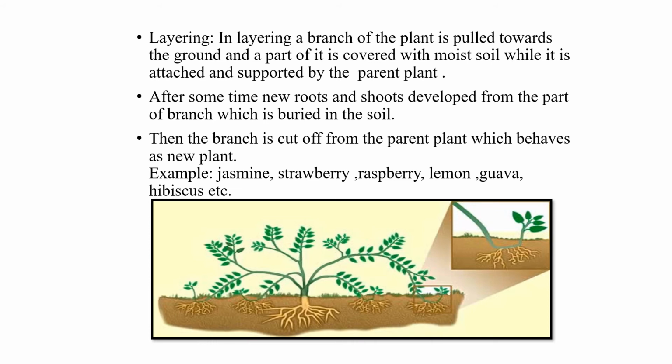After a few days, new roots develop, and even leaflets can be seen. Then the branch is cut off from the parent plant and behaves as a new plant. Here the new plant is shown.